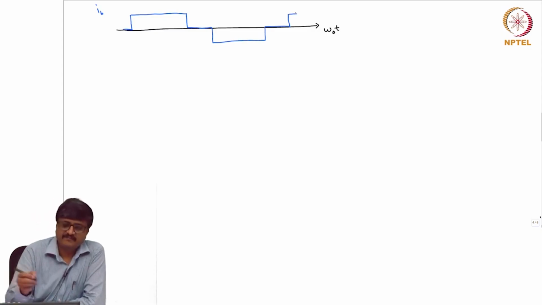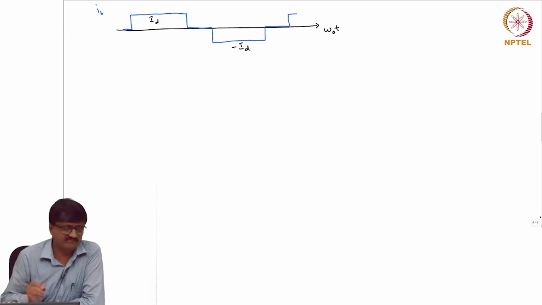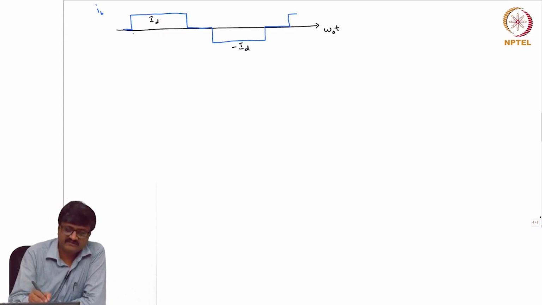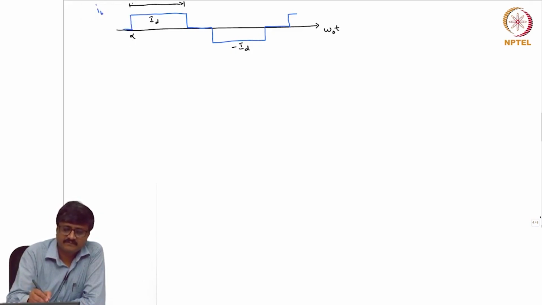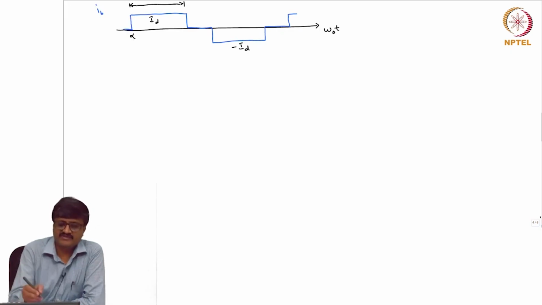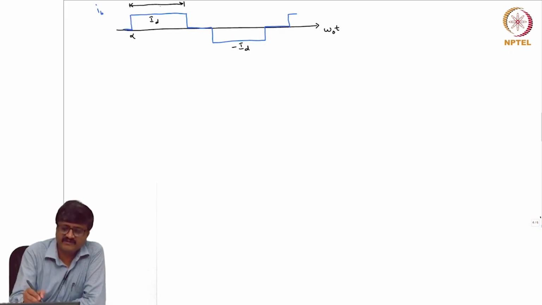Okay. So, I have IB equal to ID, minus ID, 0, and this is alpha, and this duration is 120 degrees. In radian it is 2 pi by 3.